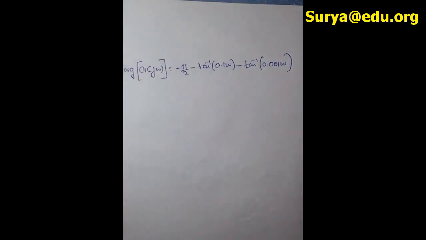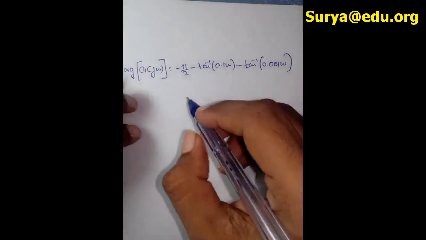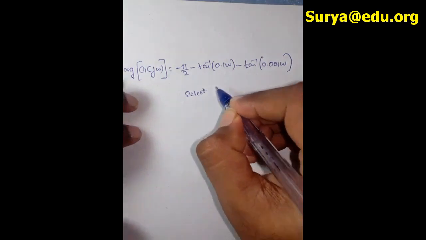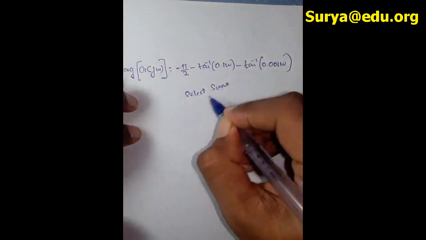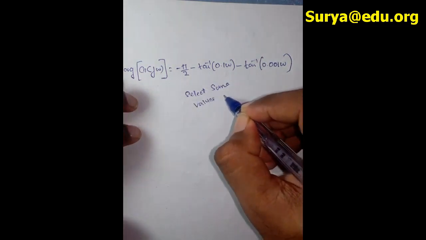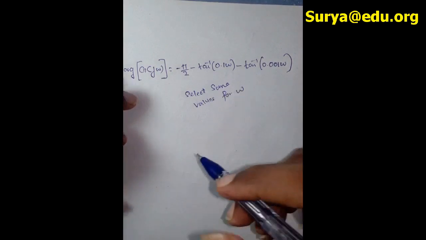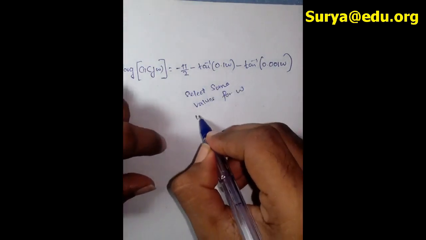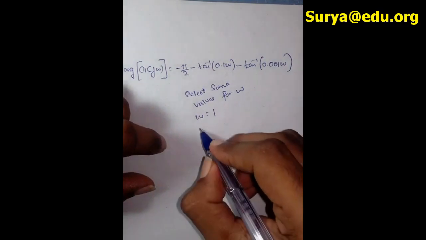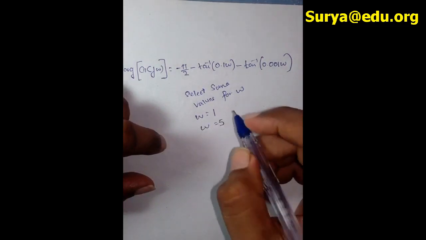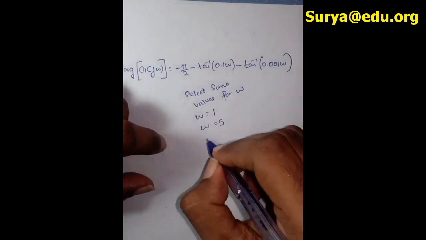So it's very easy now. In order to sketch the phase plot, just select some values for omega. What is omega? Actually omega stands for the frequency. So now I am going to select omega equals 1, omega equals 5, these are in radians per second, you know that.